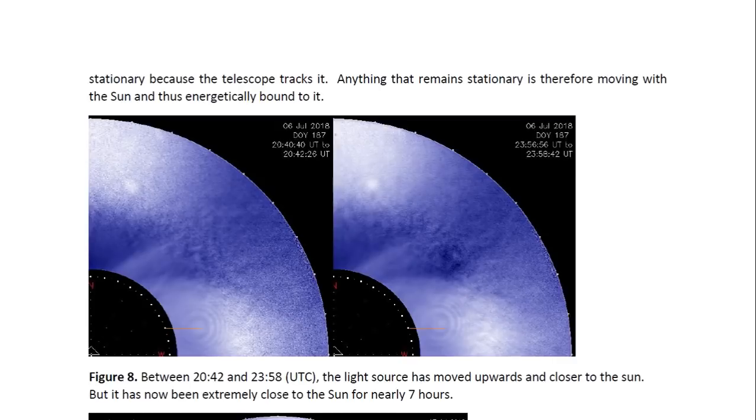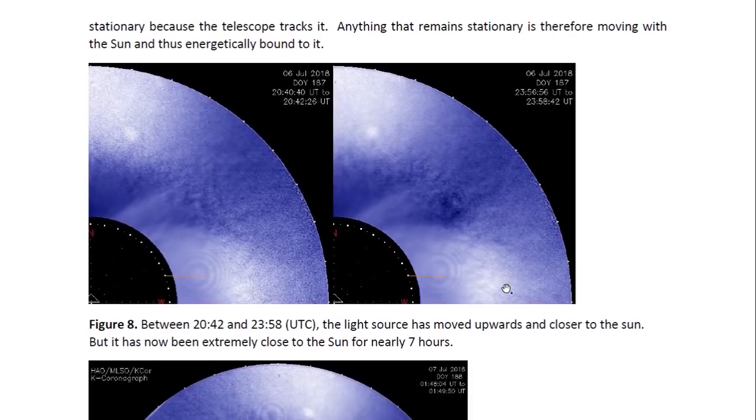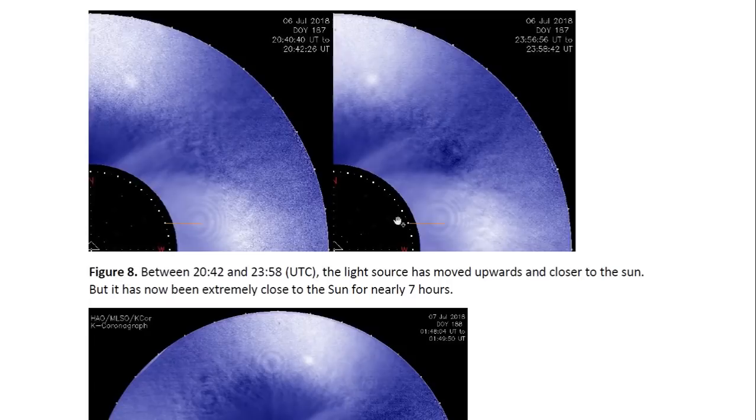In other words, it's a stellar core, because we know that these are the objects that have invaded the solar system and are found in the sun's corona, and they are energetically bound to the sun because they are absorbing energy from the sun. And here are the images. This is the 2040 image.